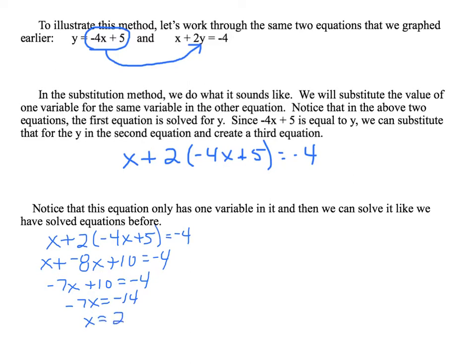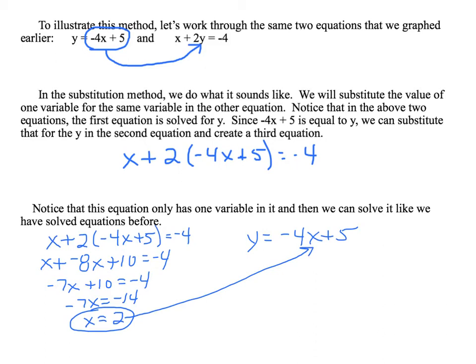Now, once I know that x is equal to 2, I still need to know what y is. So now I can go back into either one of the original two equations to figure out what y is. The easiest equation to use would be y equals negative 4x plus 5, because I know that now x is equal to 2.